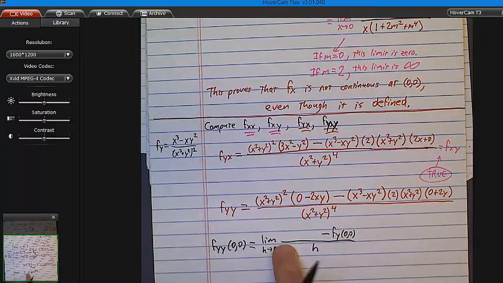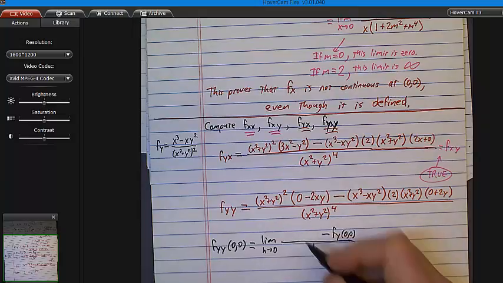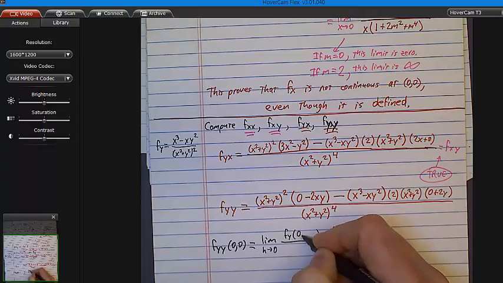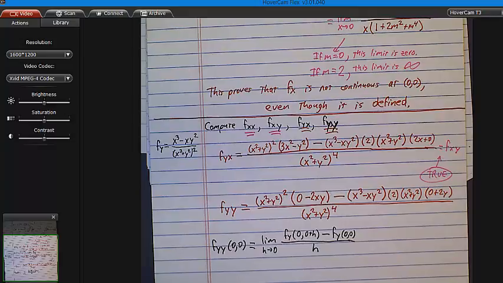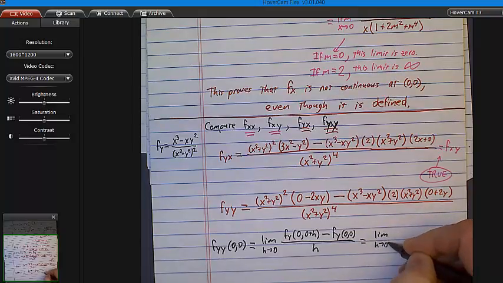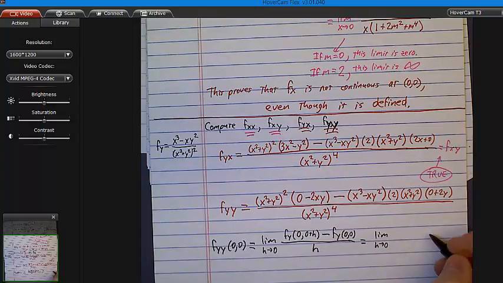What goes up here? f_y of (0, 0 plus h). Okay? So this is the limit as h approaches 0 of something minus 0 over h.